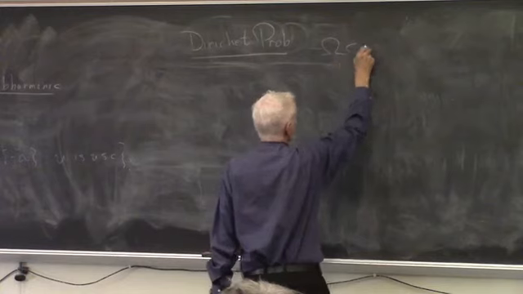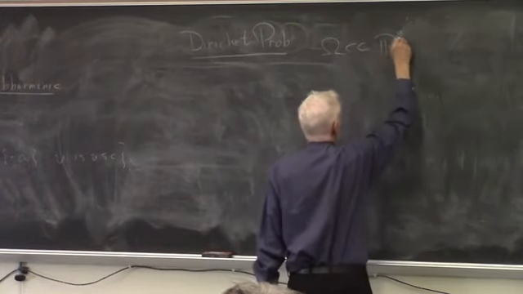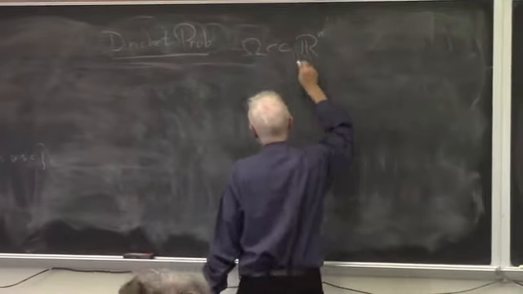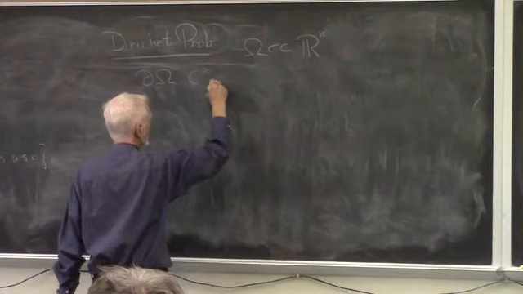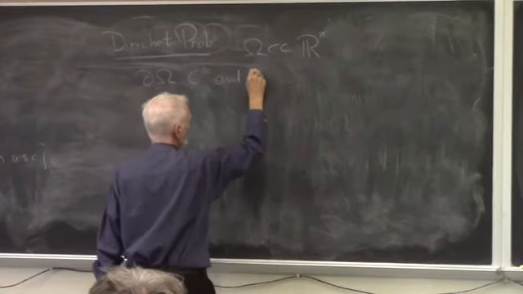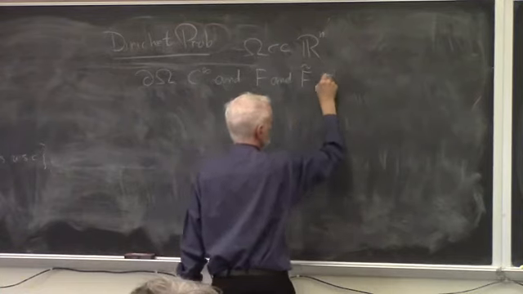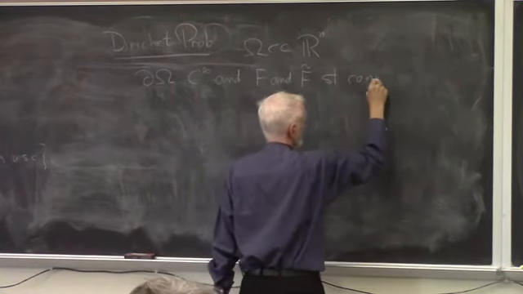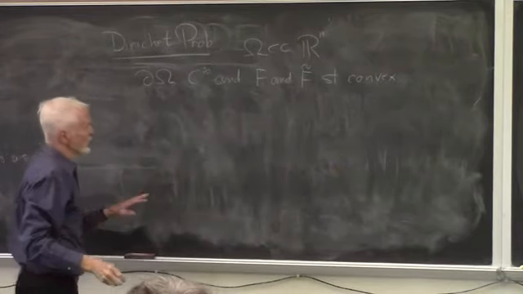So here I'm going to take a bounded domain in Rn with smooth boundary, and both F and F tilde strictly convex. Now, I'm not going to spend a lot of time saying what that means.